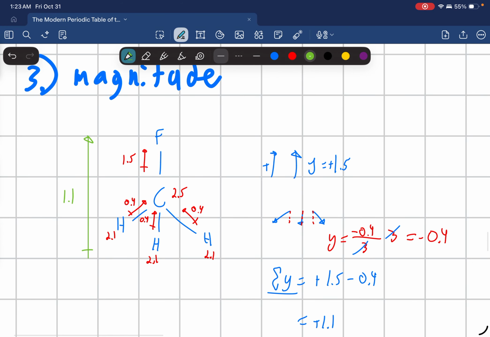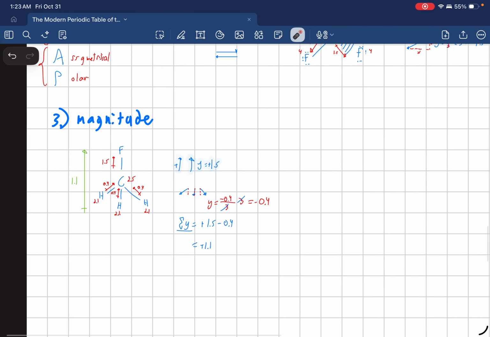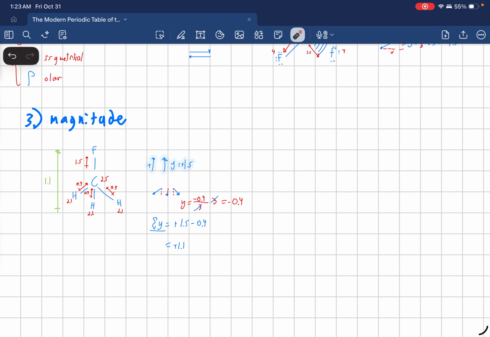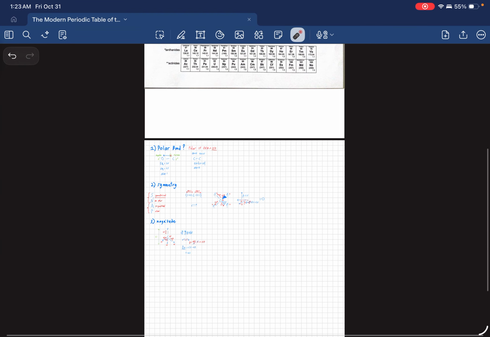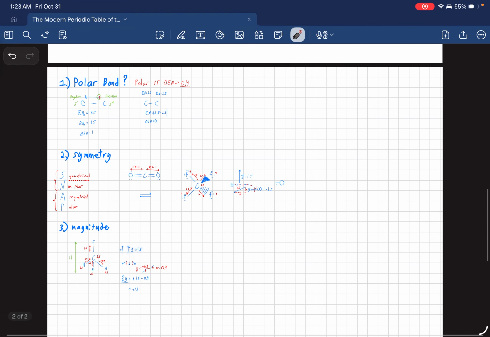So that means in this molecule, the electrons are all going to be shifted up towards the fluorine just a little bit more than everything else down here, which is super important for intermolecular forces, as you'll hopefully learn either already or soon. So if you didn't get anything, just let me know, but that should be enough to hopefully learn a bit about polar bonds.